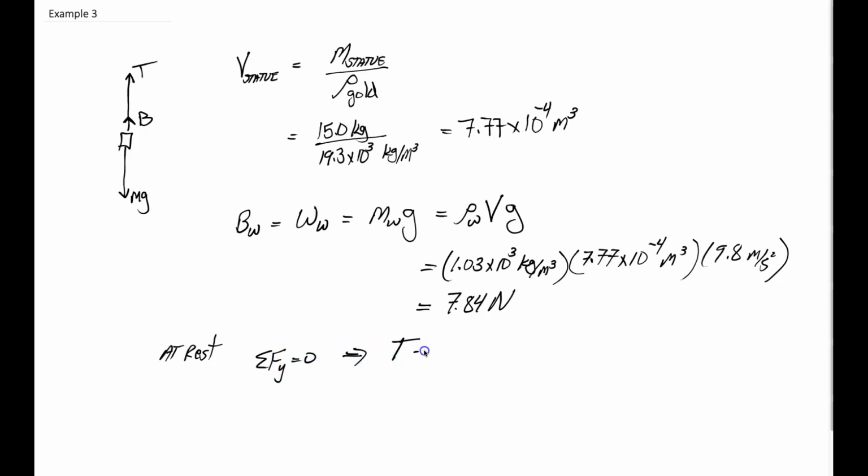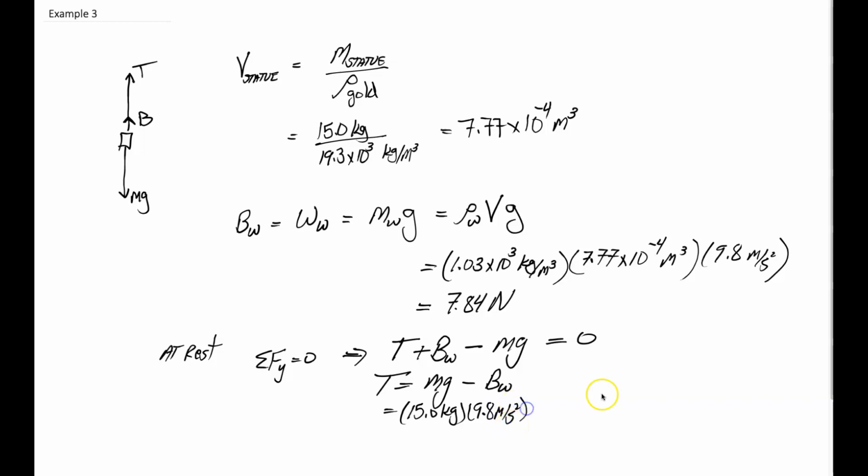the tension plus the buoyant force in water minus the weight of the statue has to equal 0, so that the tension itself is going to be the weight minus the buoyant force in water, and this equals 15 kilograms times 9.8 meters per second squared minus the 7.84 newtons.